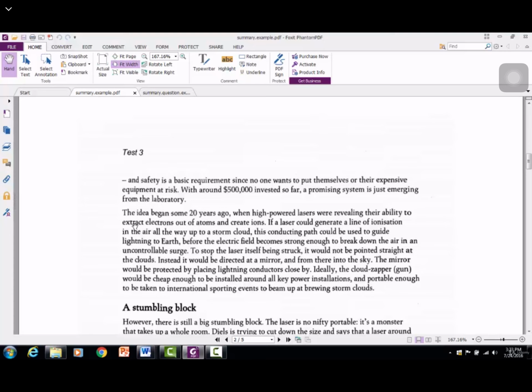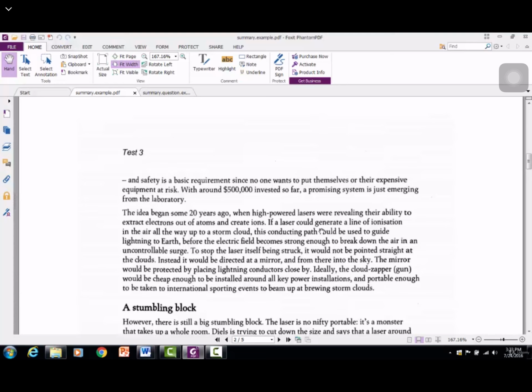All right, because extract means remove. Extract electrons out of atoms and create ions. If a laser could generate a line of ionization in the air all the way up to the storm cloud, so yeah, that first one is a combination of these first two sentences. The answer comes from the first sentence, and the other language that makes up the sentence comes from the second sentence.